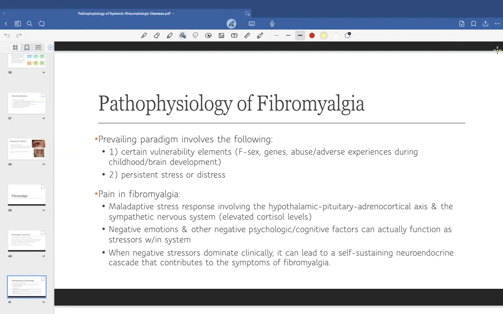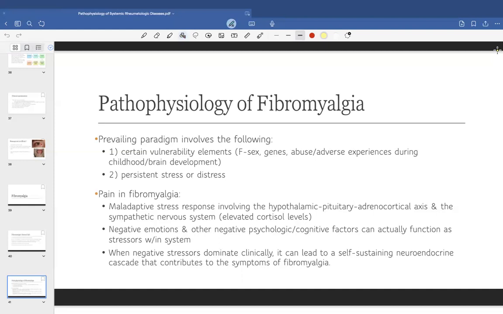And anything that stresses them more just continues to drive this process. And so not being able to sleep, feeling pain, not being able to walk, not being able to show up for work, having financial stress, losing your job, relationship difficulties, all of these things tend to snowball on these patients.